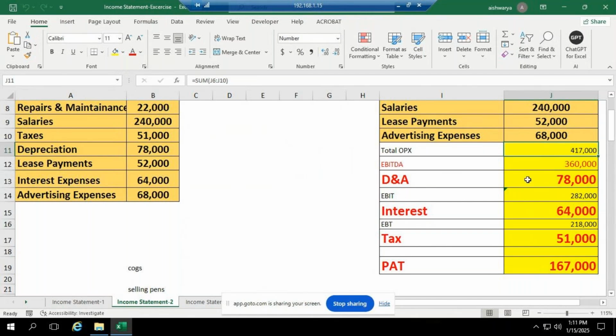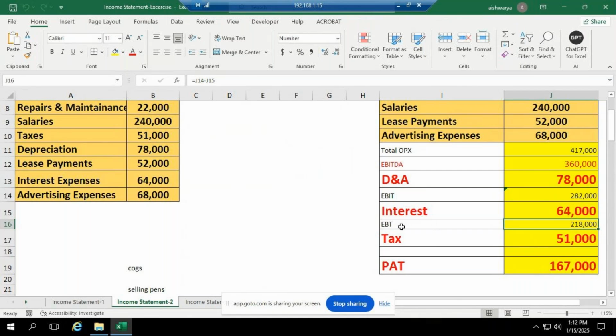If you deduct it, EBITDA minus depreciation, you'll get EBIT as 2,82,000. Then you have interest expenses of 64,000, which you put here, and you'll get 2,18,000 as EBT.